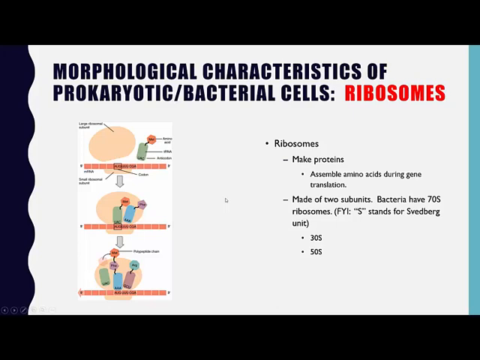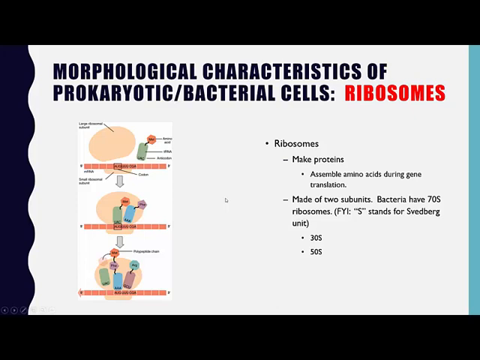So ribosomes are made of two subunits. Now, the bacterial ribosomes are called 70S ribosomes. The S stands for Svedberg. You don't need to know, and it's not going to make much sense to you. But because the ribosomes are smaller, if they measured it using the Svedberg method, which is a centrifugation thing, don't worry about it.